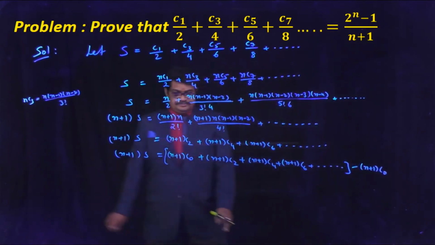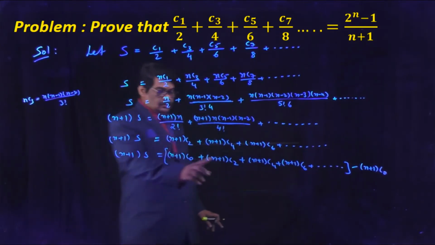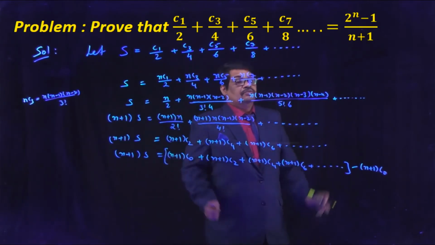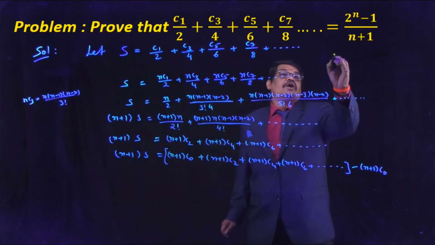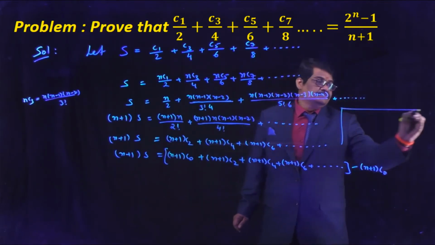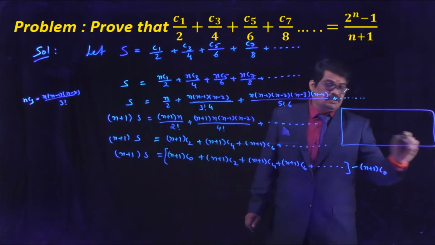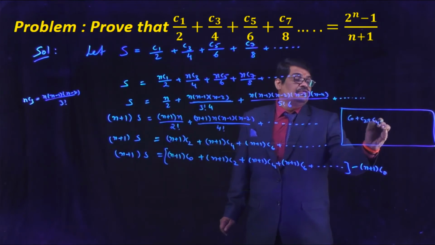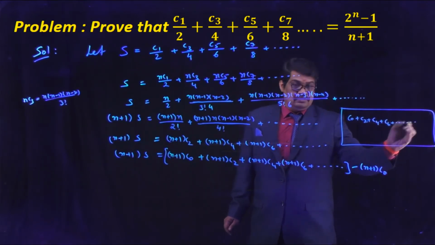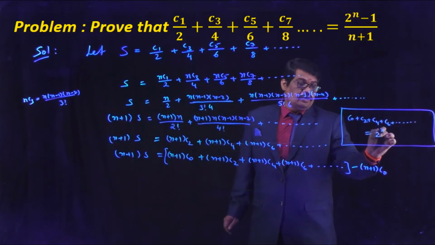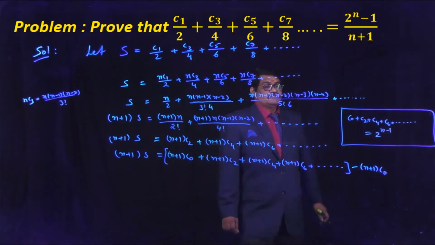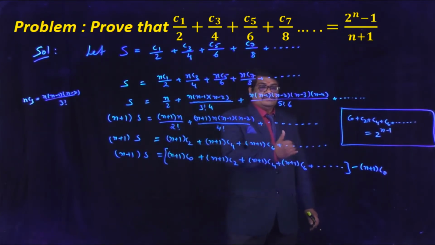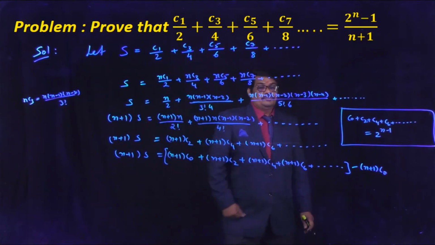Now these are the terms C0 plus C2 plus C4 plus C6 and so on, where n is n plus 1. This is the formula we already discussed. C0 plus C2 plus C4 plus C6 and so on, the even suffix sum, has the value 2 to the power of n minus 1.